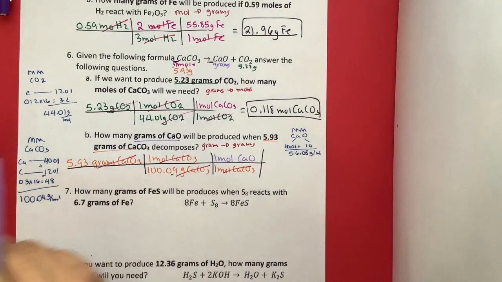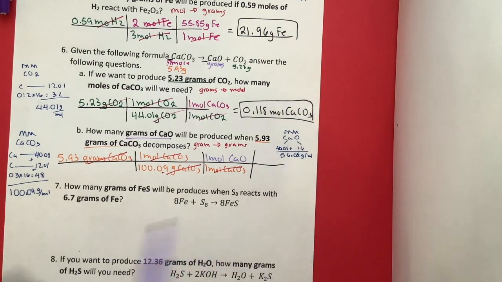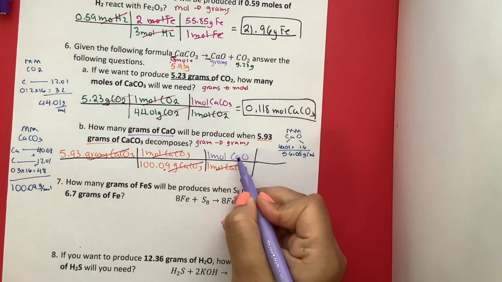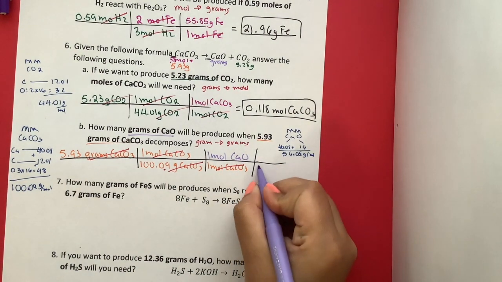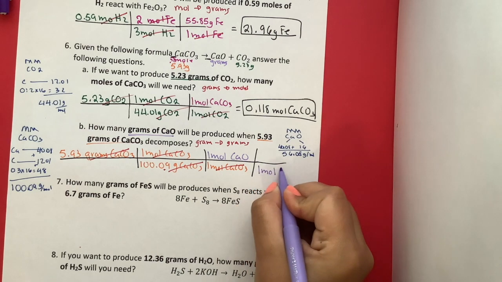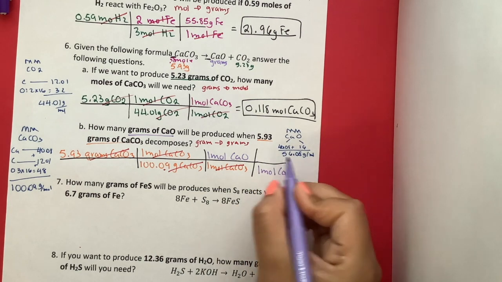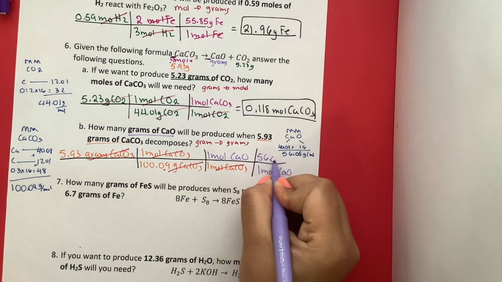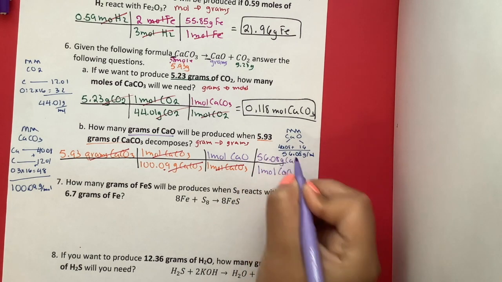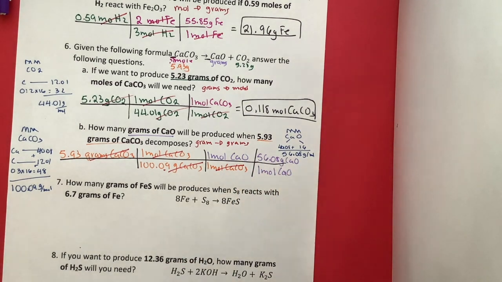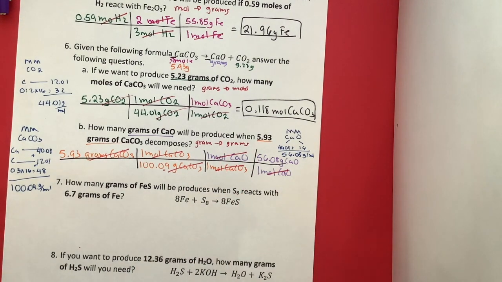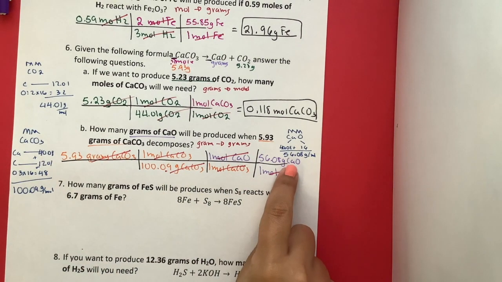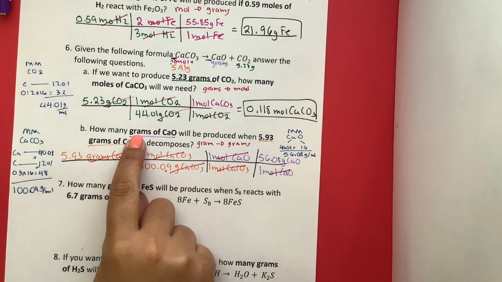Okay, that number, I am going to put it in the top now. It says I have moles of calcium oxide up here. In the bottom, I want 1 mole. So for every 1 mole of calcium oxide, that has a mass of 56.08 grams of calcium oxide. Moles cancel out. The only unit left uncrossed is grams of CaO, which is what the question is asking me for.